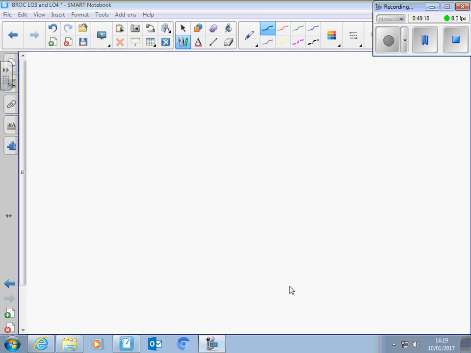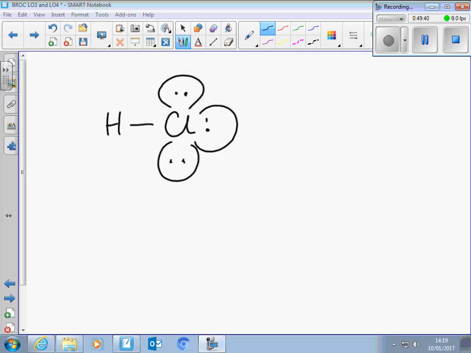During a reaction, if we've got our hydrogen and our chlorine, because these are not organic examples, obviously, lone pairs here.